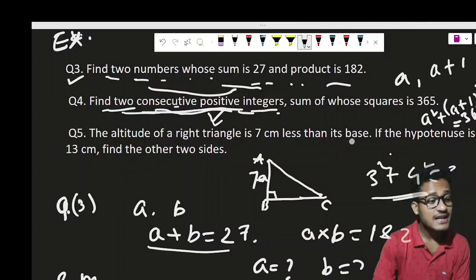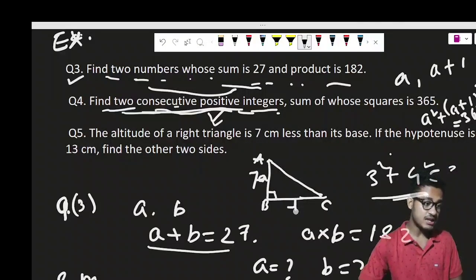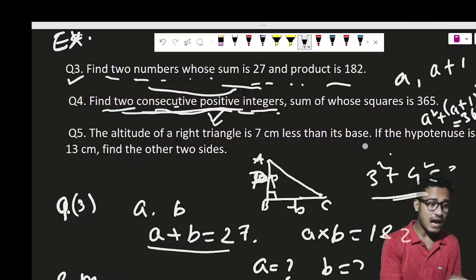Altitude means perpendicular P. This is base, this is P, 7 centimeter less than base. If the hypotenuse is 13 centimeter, find the other two sides.